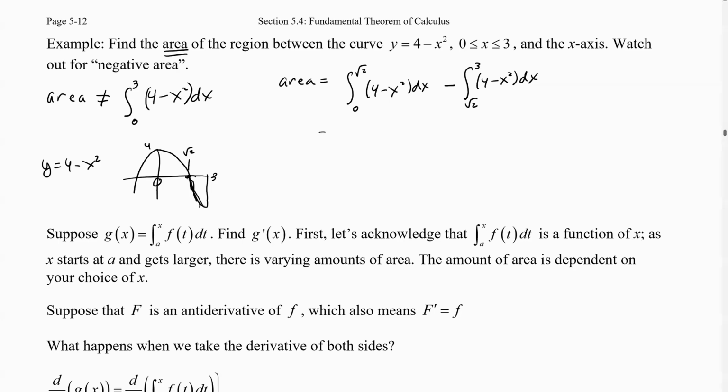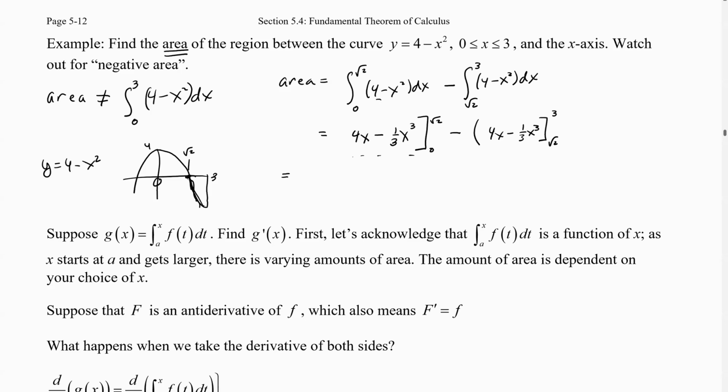All right, now let's go ahead and apply fundamental theorem of calculus part 2 to this. Antiderivative of 4 is 4x minus the antiderivative of x squared. Make the power 1 bigger and divide by that power. And let's evaluate this from 0 to the square root of 2. Let's subtract from that this integral, which is going to be 4x minus 1/3 x cubed, as evaluated from root 2 to 3.